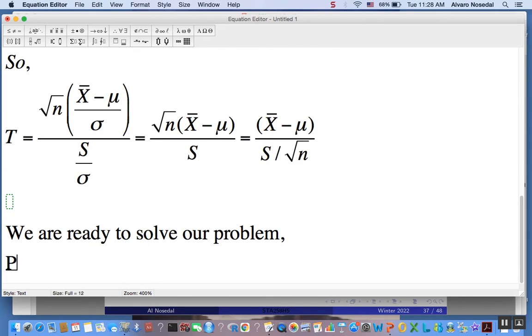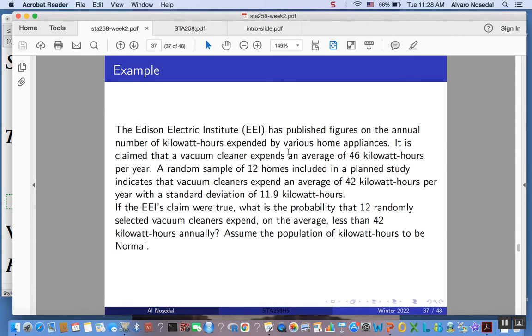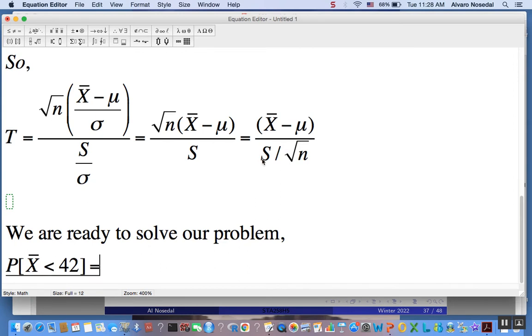We want the probability that x bar is less than 42, right? So, what can we do? Well, no problem. What we could do is, I don't know the distribution of x bar. I would if I had sigma squared, but I don't. So we have to estimate it with s squared, but that changes things.